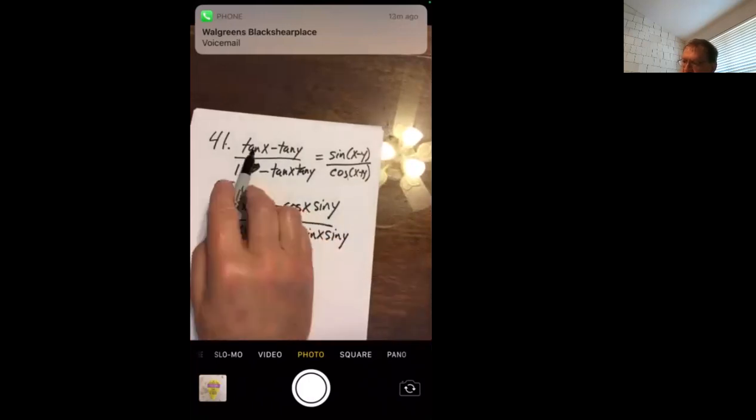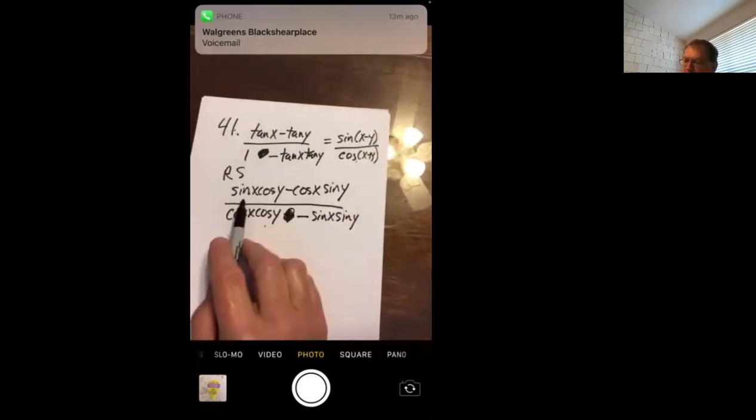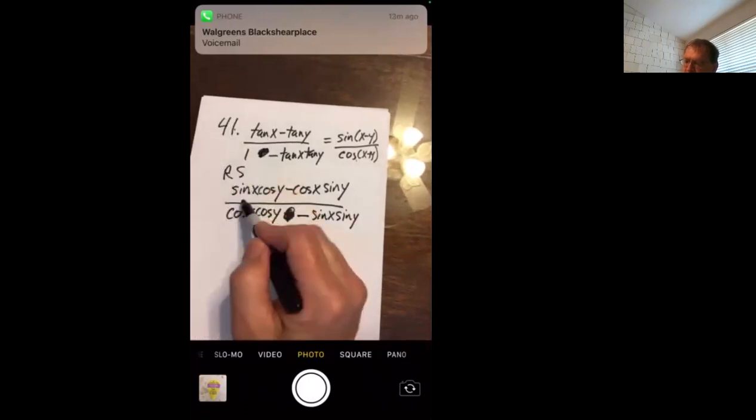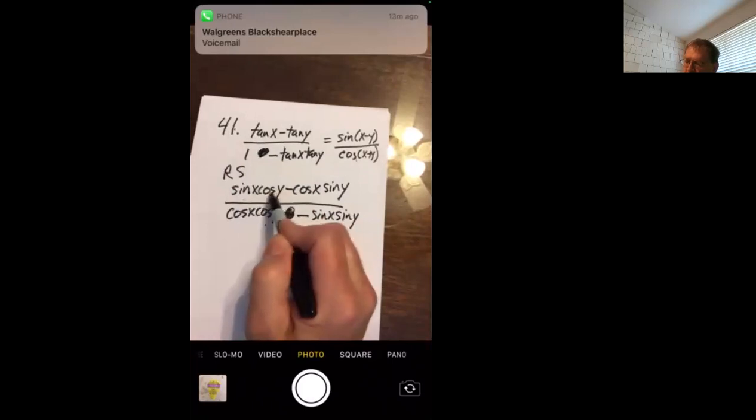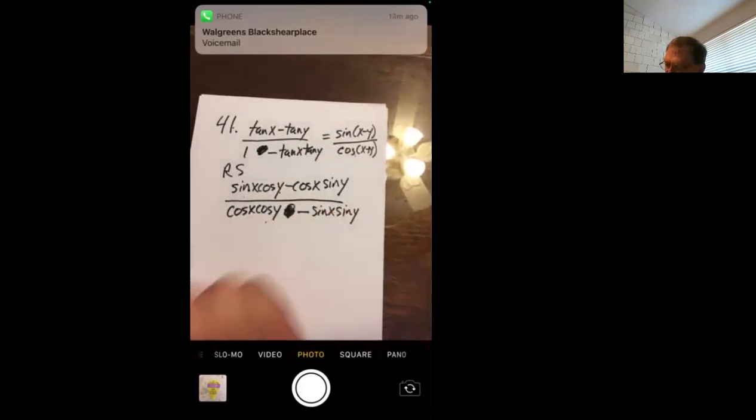Now I want to create a tangent x. I got a sine x, which means to get a tangent x I got to divide through by cosine x, and a cosine y to cancel it. Let's divide top and bottom by cosine x, cosine y.